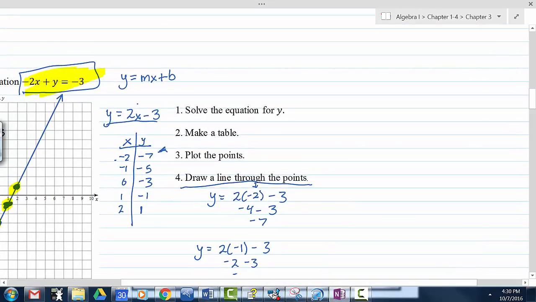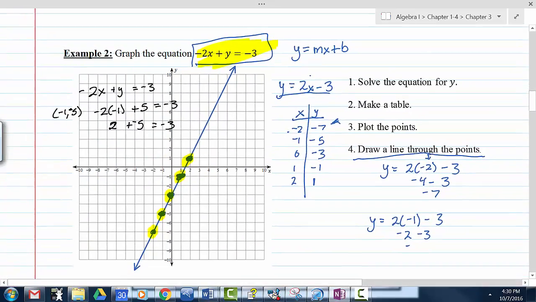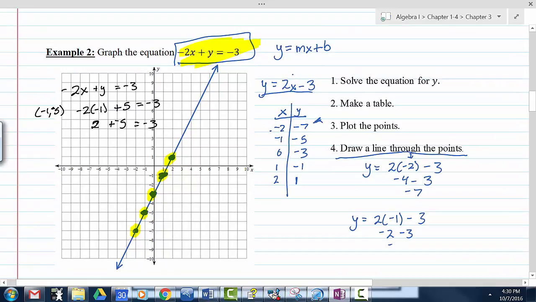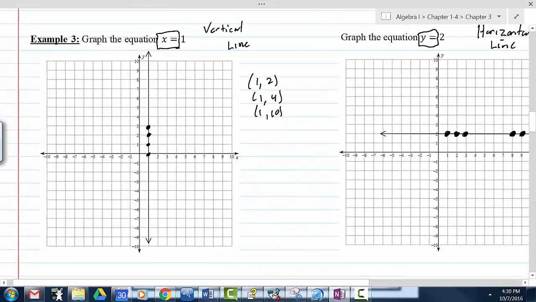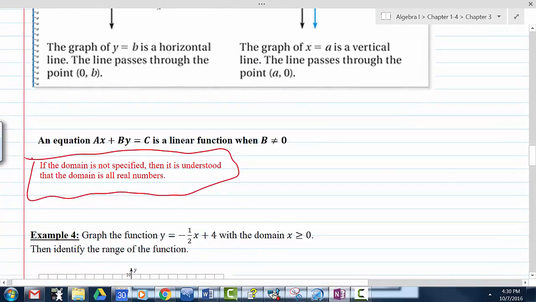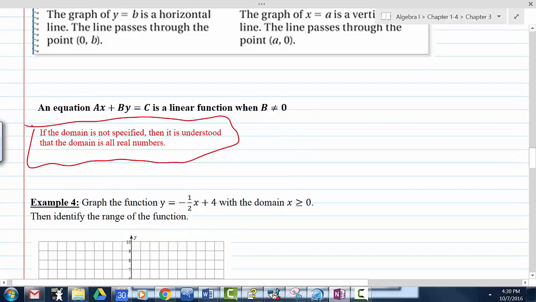So, same thing with this line. You know that the x is pretty much defined everywhere. But if it's not defined, that's what we're going to assume it is. What if we do define it?